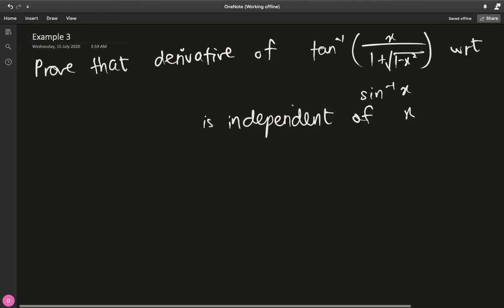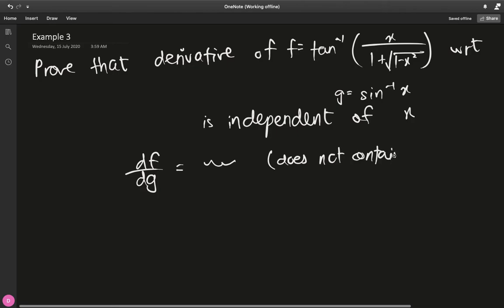So that means if you call this function f, call this function g, df over dg basically will be some value and it does not contain x. Otherwise it would be dependent on x. Without x, it's independent of x.